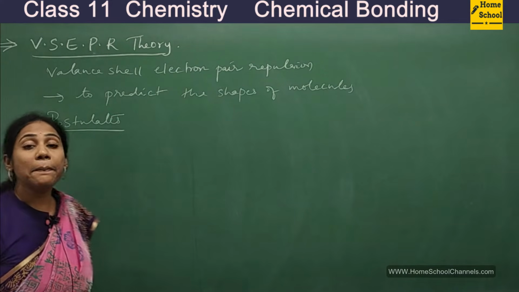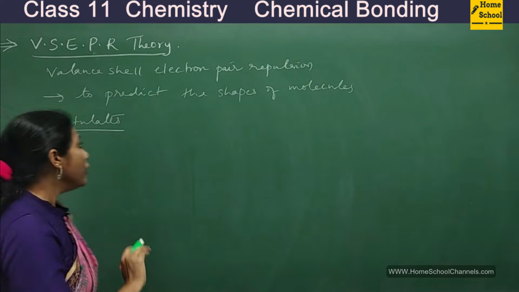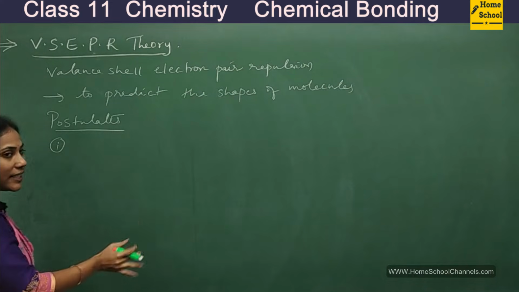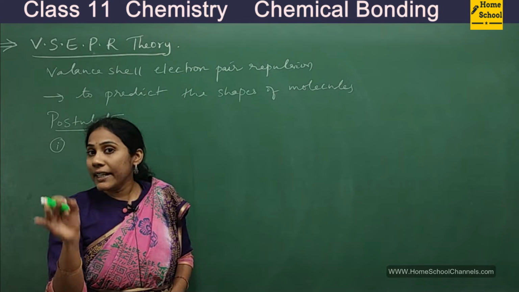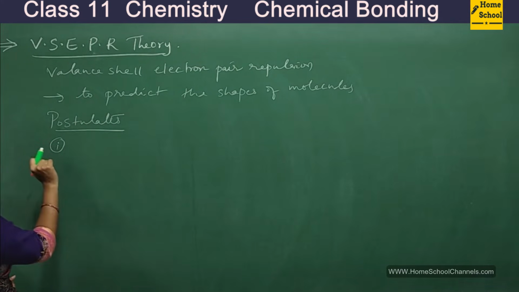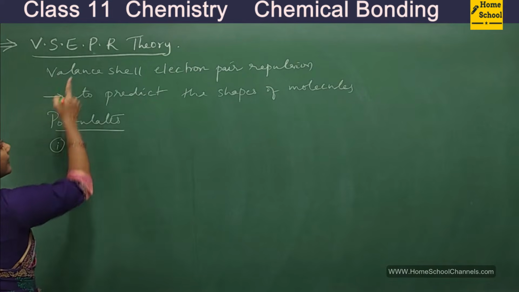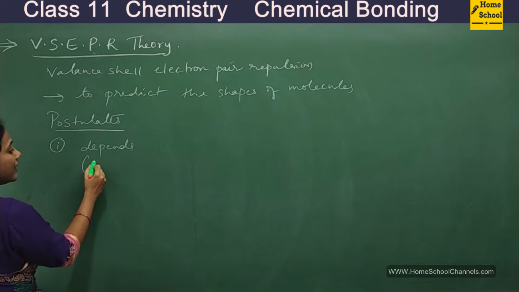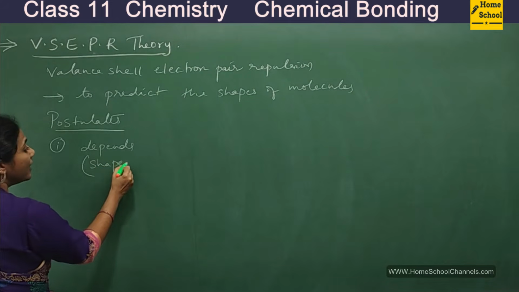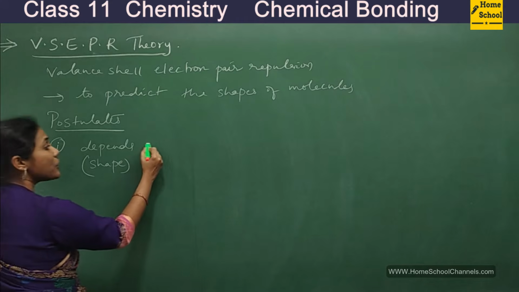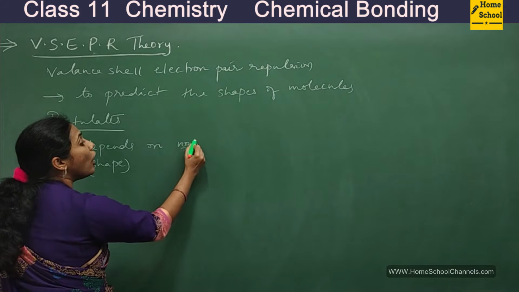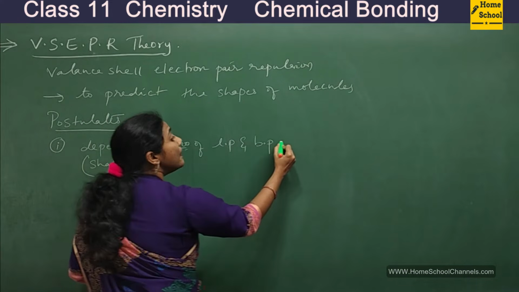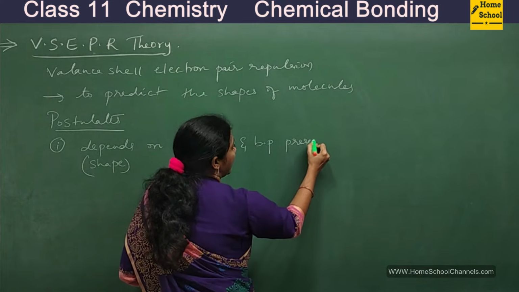I'm writing all the postulates in very simple language so that you can understand easily. The very first point is, according to VSEPR theory, shape always depends on the number of lone pairs and bond pairs present on the central atom.